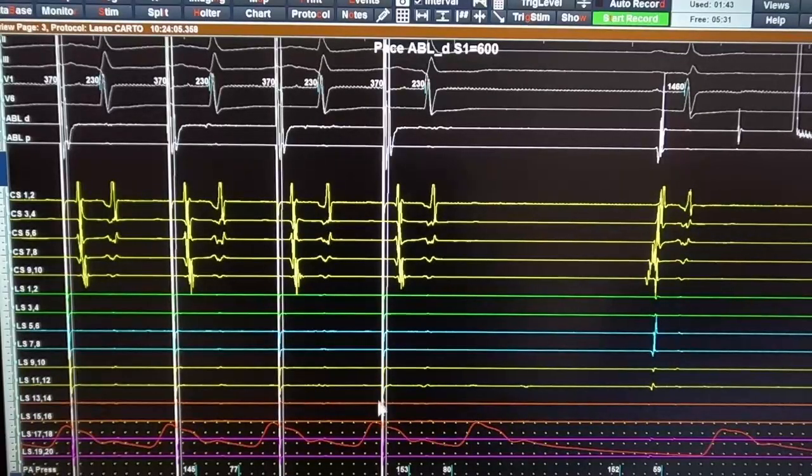If it disappears while we pace from the left atrial appendage, it means that it was a far field reading of left atrial appendage potentials inside the left superior pulmonary vein. And by the way, you can also see far field potentials of ventricular activity inside the left superior pulmonary vein. But this time, there is no doubt that this is a far field.